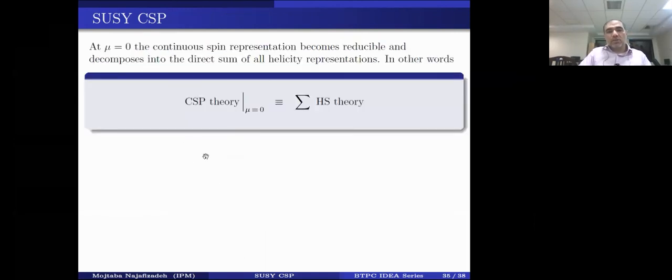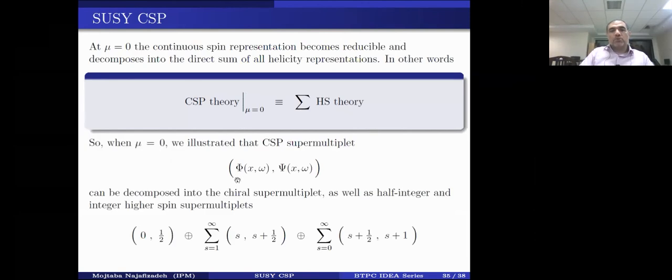As we said, at mu equals 0, the continuous spin representation becomes reducible and decomposes into the direct sum of all helicity representations. A CSP theory at mu equals 0 becomes an infinite sum over all higher spin theories. So for the CSP supermultiplet, we expect this supermultiplet decomposes into chiral multiplet plus half-integer spin supermultiplets and integer spin supermultiplets.